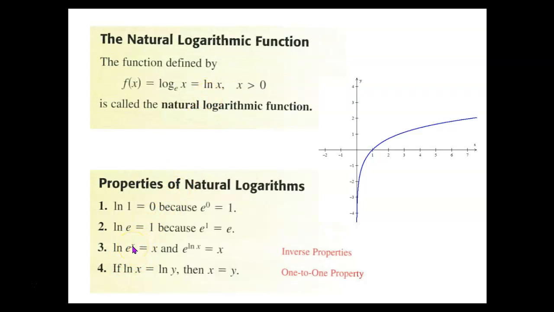So if you start with any number for x, take e to the x, and then take the ln of that, you're back where you started. Or if you start with any positive number for x, take the ln of that, and then take e to that, you're back where you started. And just like any other logarithmic function, the natural logarithmic function is one-to-one. If ln of x equals ln of y, then x equals y.